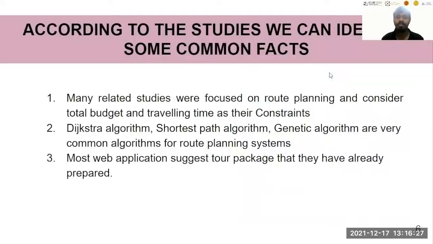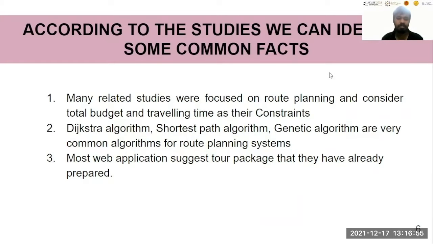According to the studies, we have identified some common facts. With our literature review, we have identified many related research studies that focused on route planning and considered total budget and traveling time as their constraints. Dijkstra algorithm, shortest path algorithm, and genetic algorithm are very common algorithms for route planning.